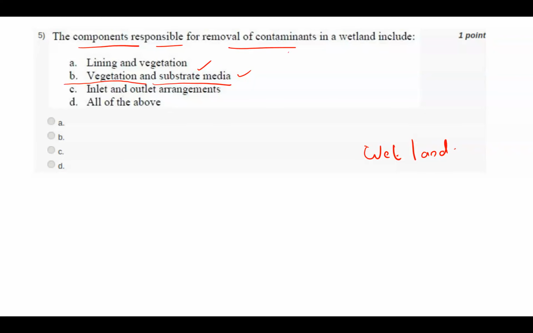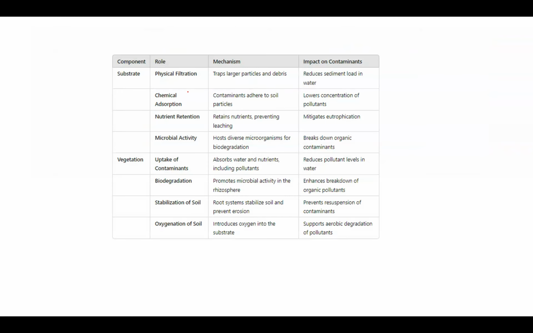Substrate means substrate. Okay, you see. Mainly, vegetation we have in the ecosystem. Other than that, you know the bed here. This bed is like a home for the microorganisms, and the plants attach to it and grow.